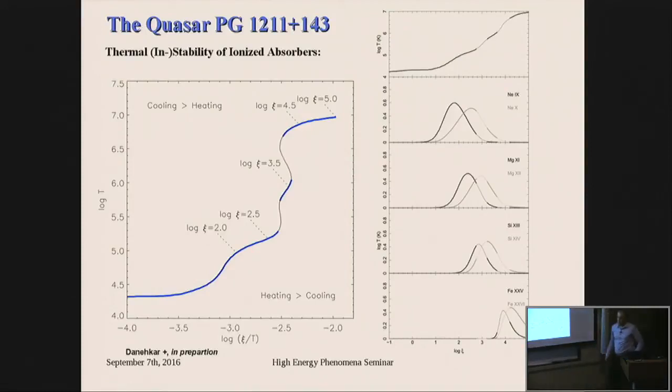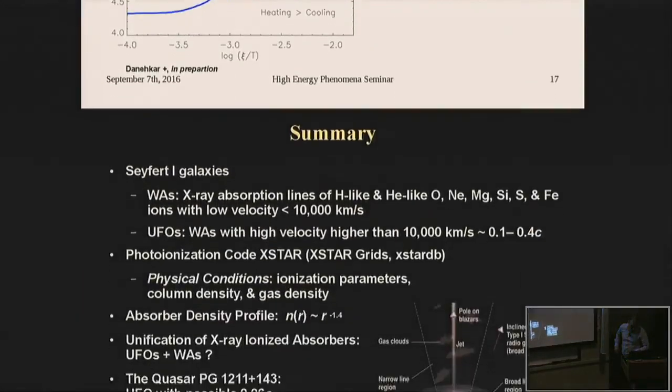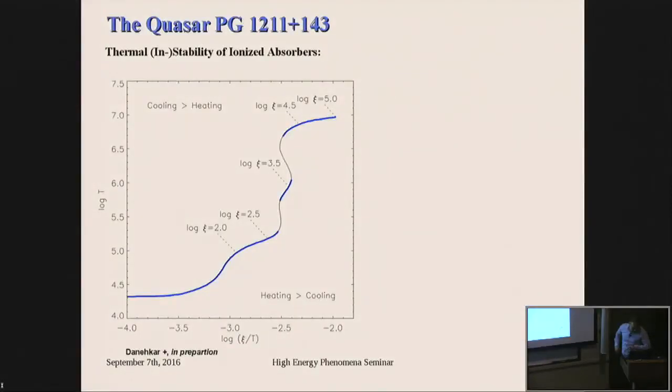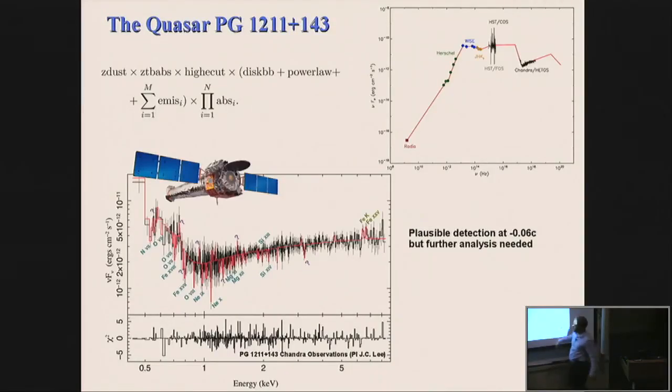Because we use the helium-like and hydrogen-like lines, some could be blended, but because they are very strong, as you see, this is the feature of silicon, and this is the feature of magnesium, and it could introduce some uncertainty when there is blending.